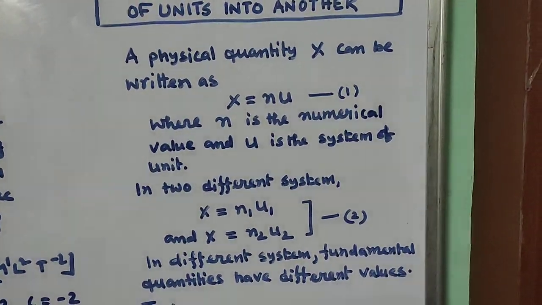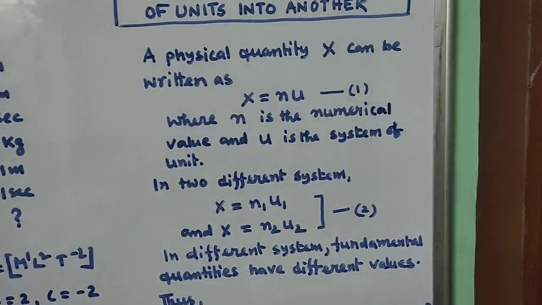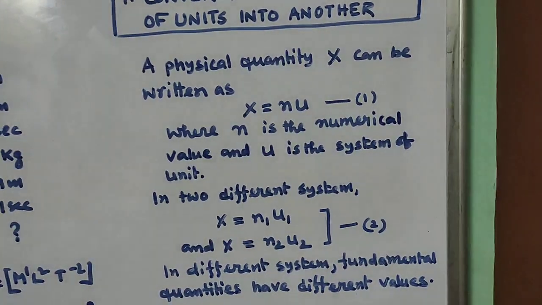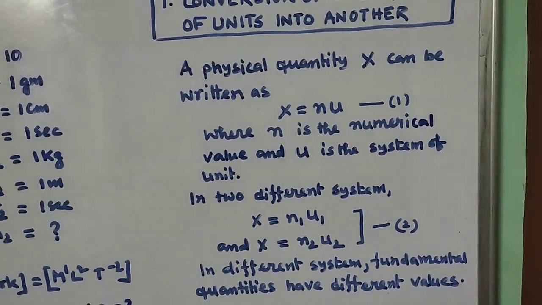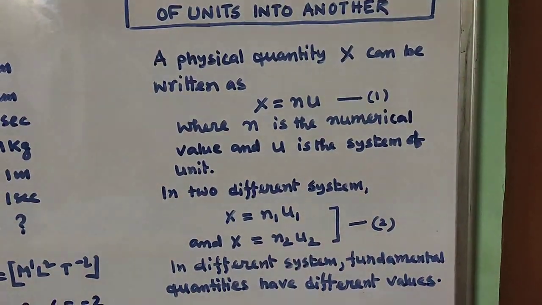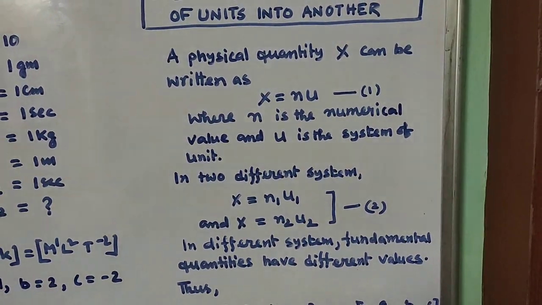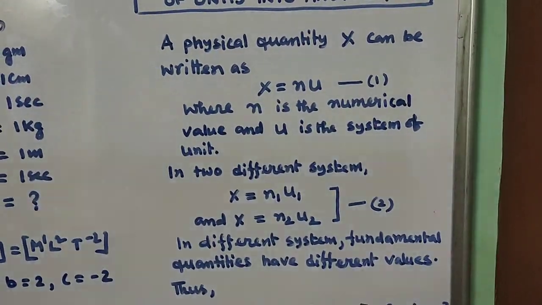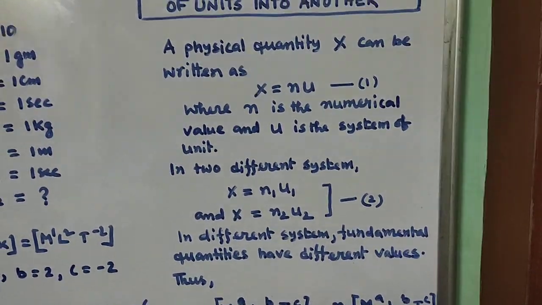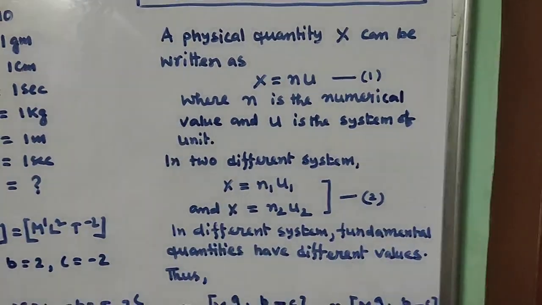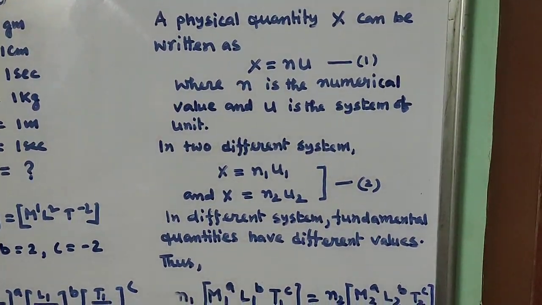One is your MKS system, another one is your CGS system. And also in the last class we defined that numerical value and the system of unit are inversely proportional. If the system of unit is high, then the numerical value is less, and vice versa. So in 2 different systems, we are measuring the physical quantity and we are getting the numerical values n1 and n2 with the systems of unit u1 and u2.